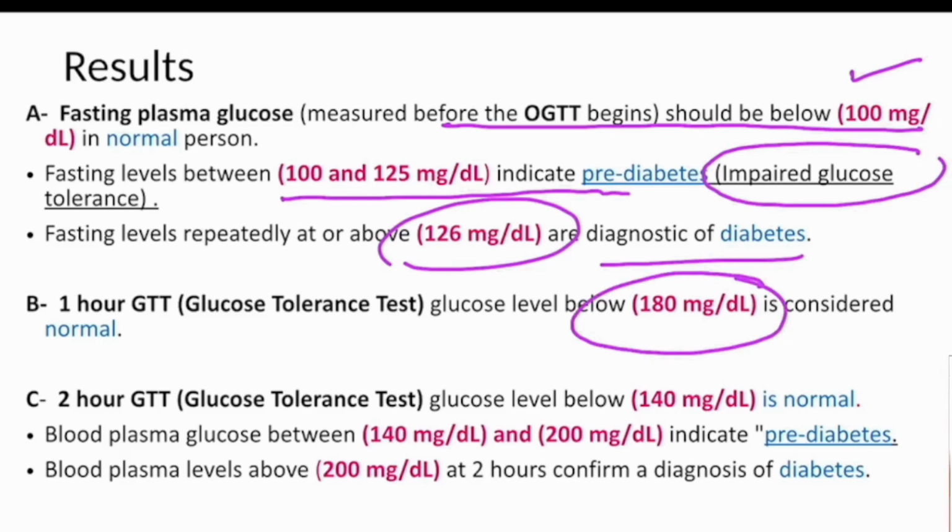The 2 hour value should normally be less than 140. 140 to 200 is pre-diabetes, impaired glucose tolerance, and plasma glucose above 200 milligrams after 2 hours of 75 grams of glucose means the patient is having diabetes mellitus. Hope this point is clear to you. So we have explained the results of the oral glucose tolerance test: what is a normal value, what is pre-diabetes, what is diabetes.